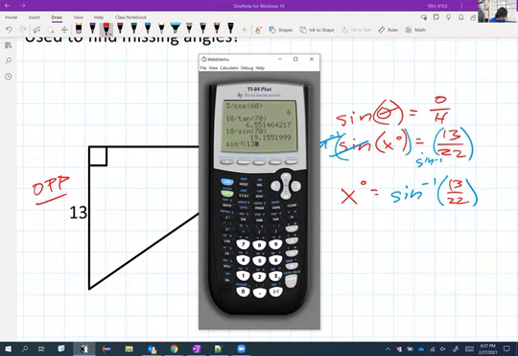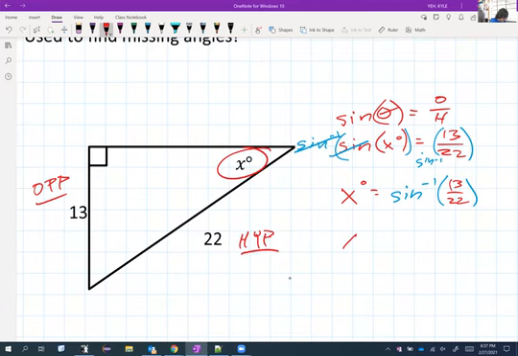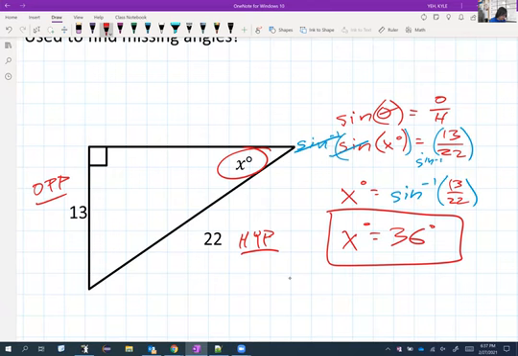Inverse sine of 13 over 22, 36. Now for angles, because 1 degree is so tiny, we typically just round to the nearest degree. Side lengths, 4 decimal places, but angles, we're just going to round to the nearest degree. So x is equal to 36 degrees. All right. So pretty much the same process, but now we're finding missing angles with those inverse trig functions.